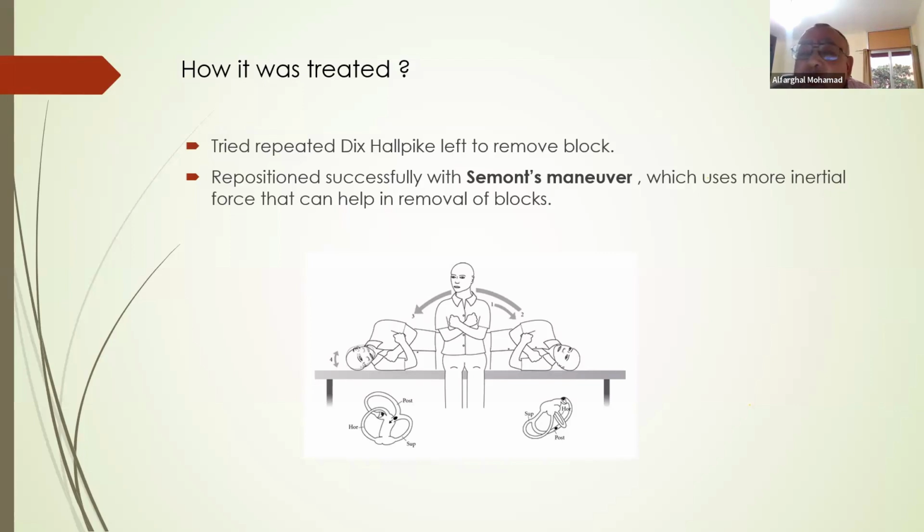So this is how canal jam presents, with continuous nystagmus, not just reversing its direction. So I guess if you just completed the Epley, most likely it will clear.